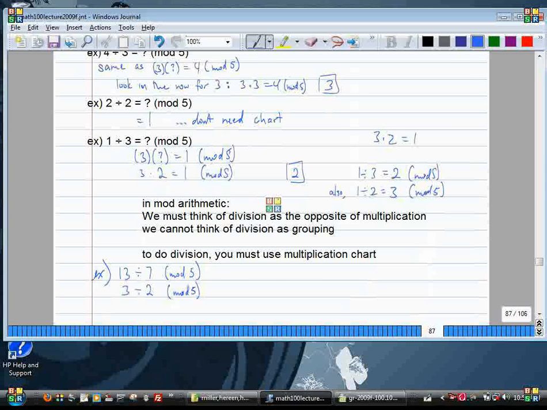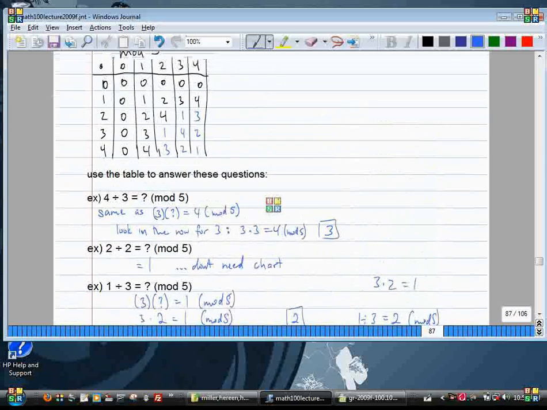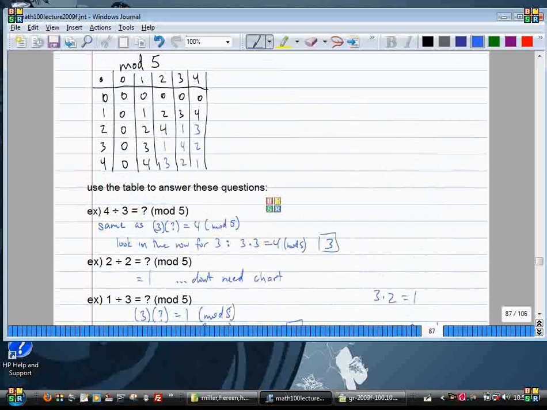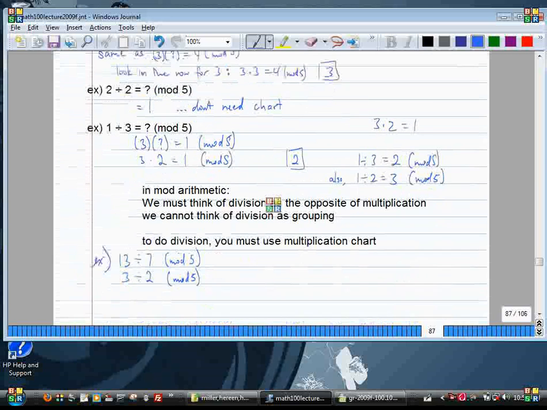So typically we wouldn't write 13 and 7 mod 5, but if, heaven forbid, somebody threw this curveball at you, this is what you have to do. You have to say, well, 13 isn't the number we like to use in mod 5, what number should that really be? Let's take a look. 3 divided by 2.